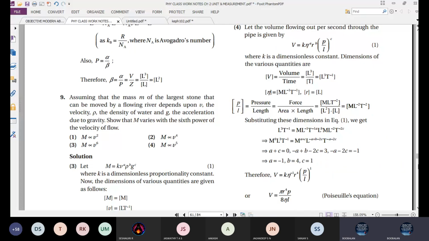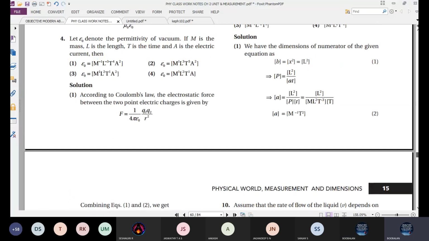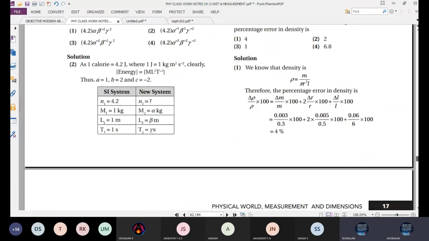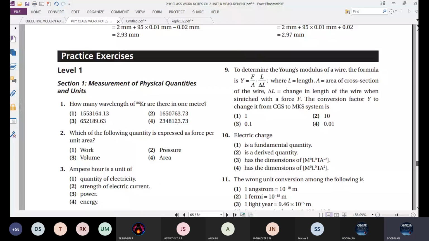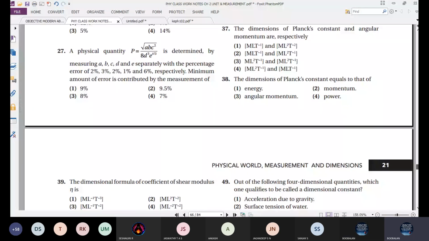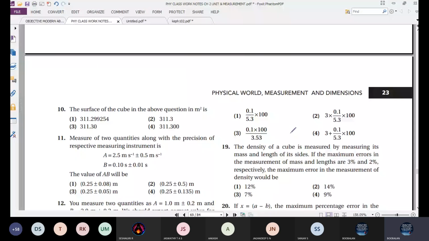Here MCQ questions are also there. Practice questions, topic wise. The next year's questions, previous year NEET questions.